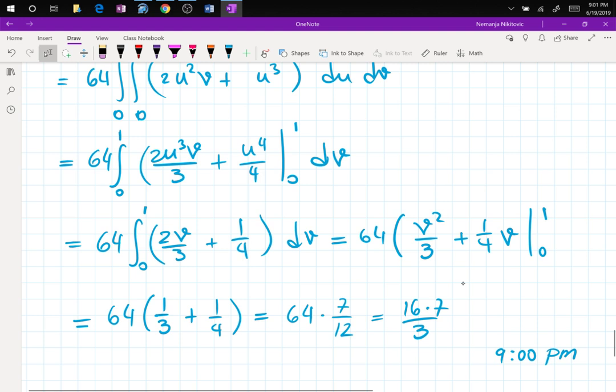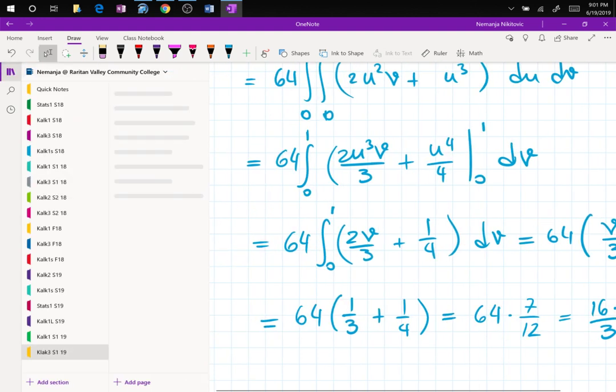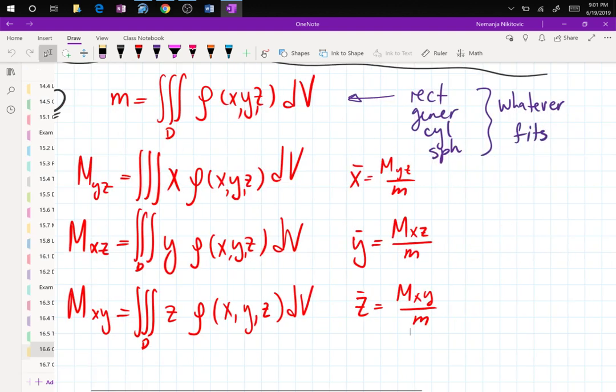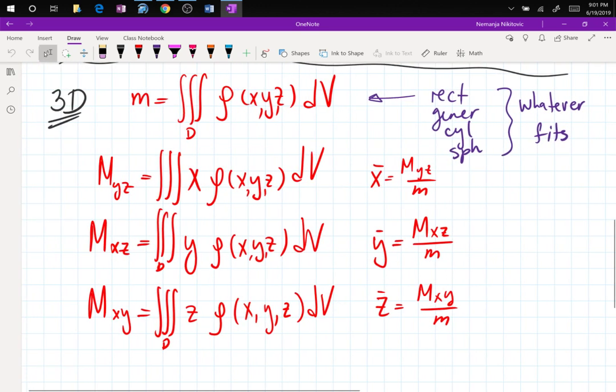I believe that the exam will probably have like 8 questions this time, because each one of these integrals is a triple integral. What I said yesterday in class, if you missed the centroid stuff: the equations for the 3D case give you the mass and 3 moments.